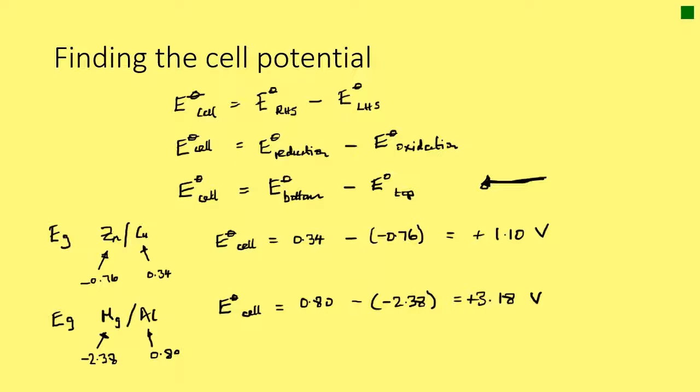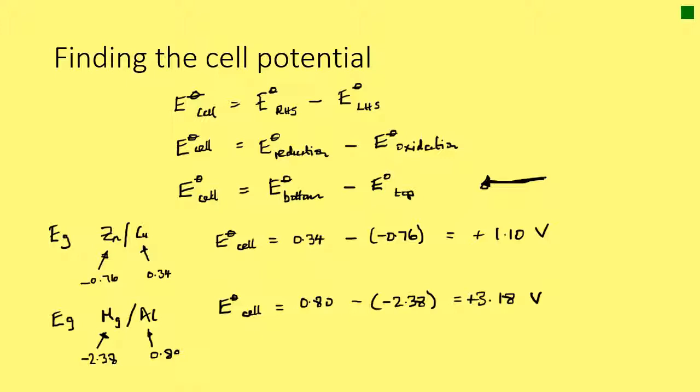When we look at the electrode potentials for magnesium in an electrochemical series, you're going to find that it's minus 2.38, and if you looked up aluminium, you'd find that as 0.8, and so the magnesium goes on the top and the aluminium goes on the bottom.